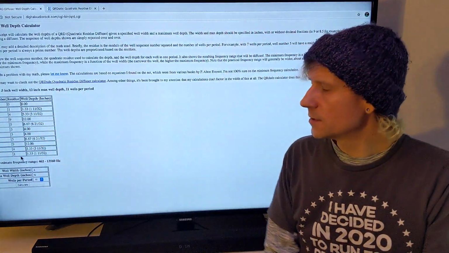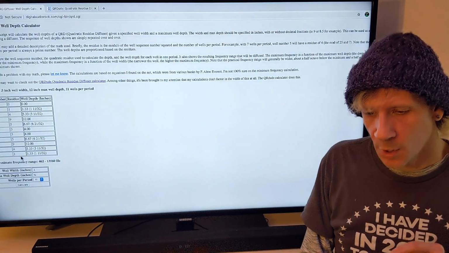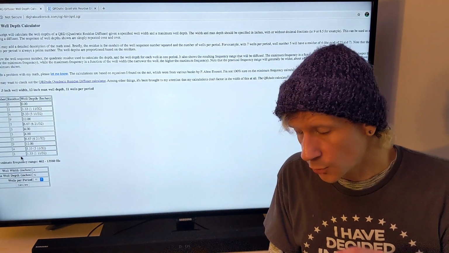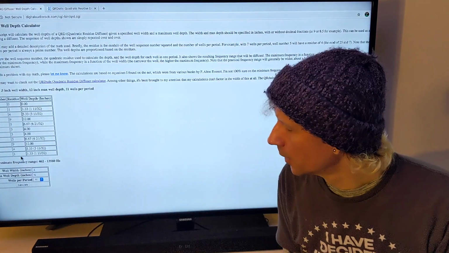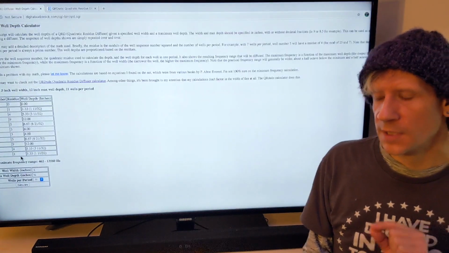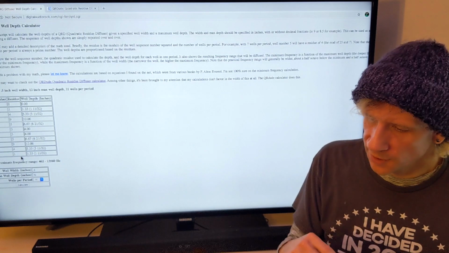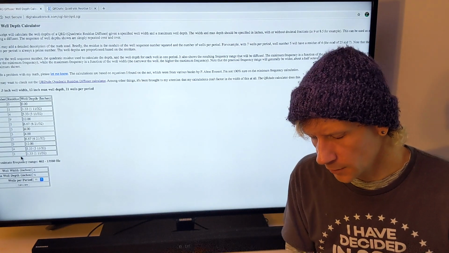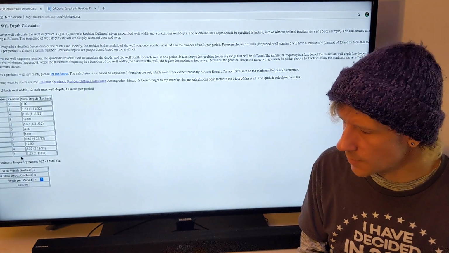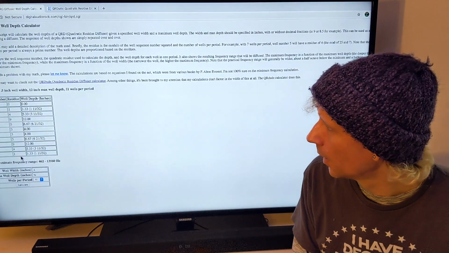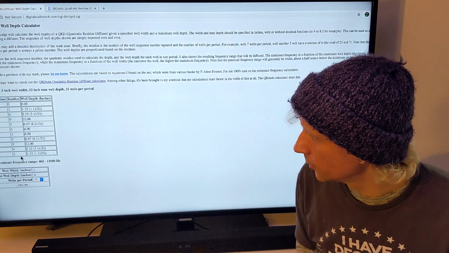Residue, I didn't talk about that when we say QRD, quadratic residue. It's the remainder when you take that integer number and subtract those out. Again, I don't want to go into that too much because we're not going to do that math, and I don't want to confuse you, but that's what that residue is.